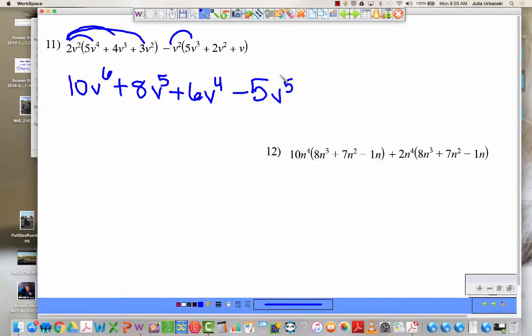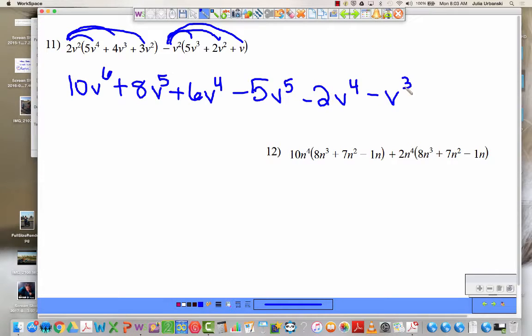Negative 5, v to the 5th, minus 2, v to the what? And then, last one, minus v to the 3rd.